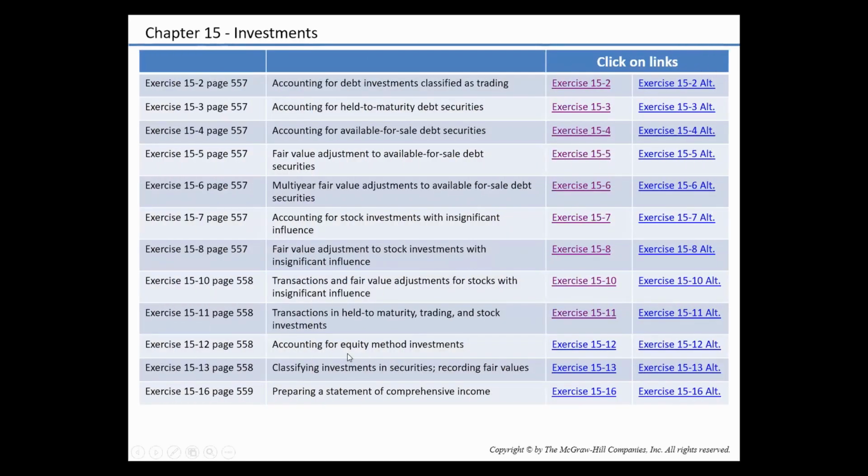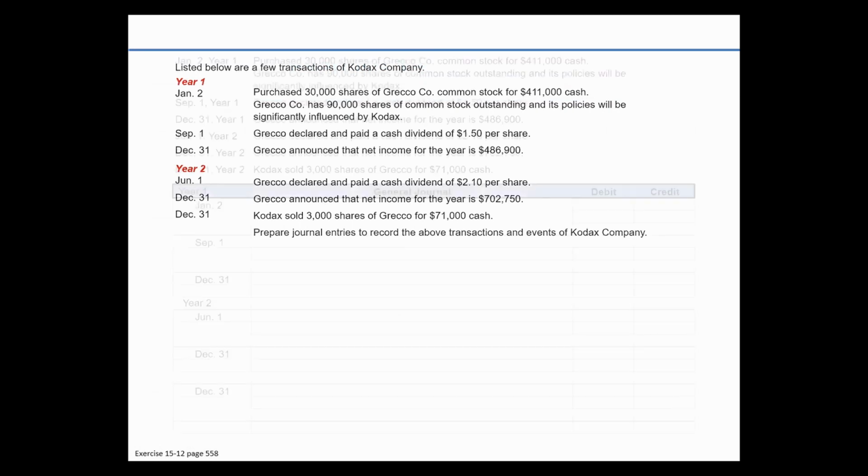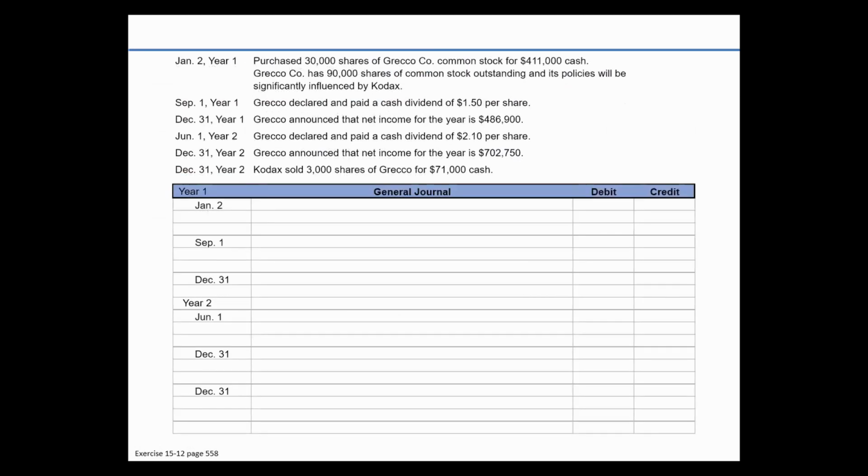The accounting for equity method investments. Listed below are a few transactions for Kodak's company. So we'll prepare the journal entries to record the transactions for Kodak's company. So the first one would be under year one, January the 2nd, year one, we purchased 30,000 shares of Greco company common stock for $411,000 cash.